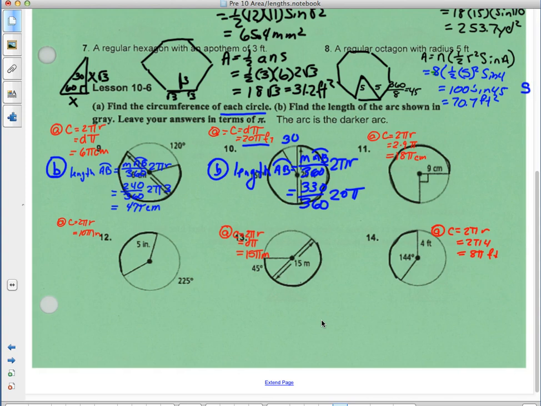So I've got 330 divided by 360 times 20, and I got 18.33, but I use my fraction on my calculator, and I get 55 thirds. 55 pi over 3 is my final answer. Okay, and that is feet.